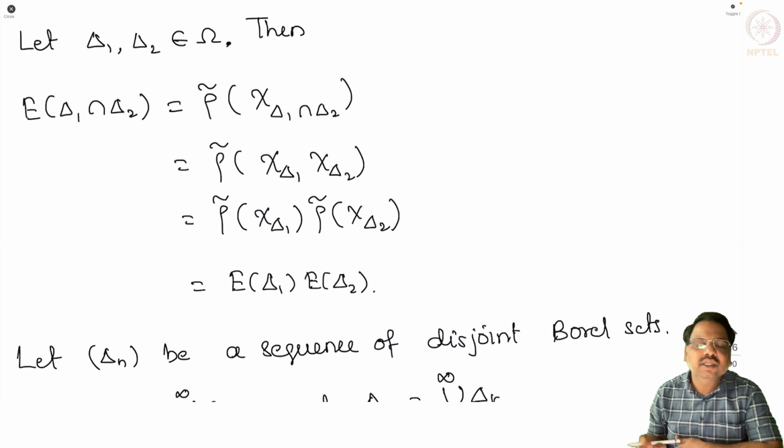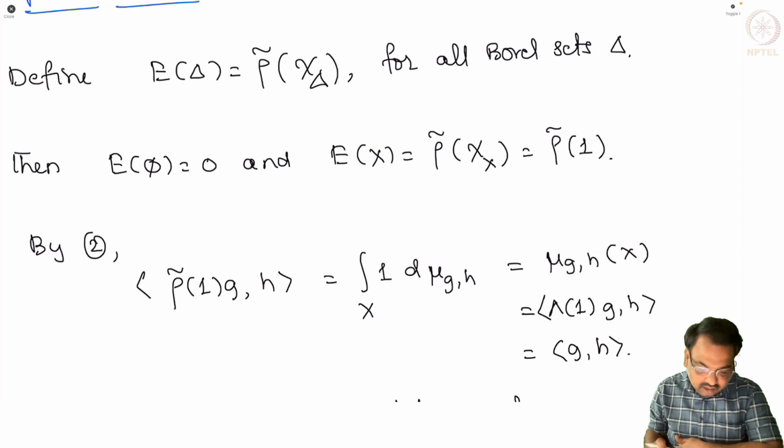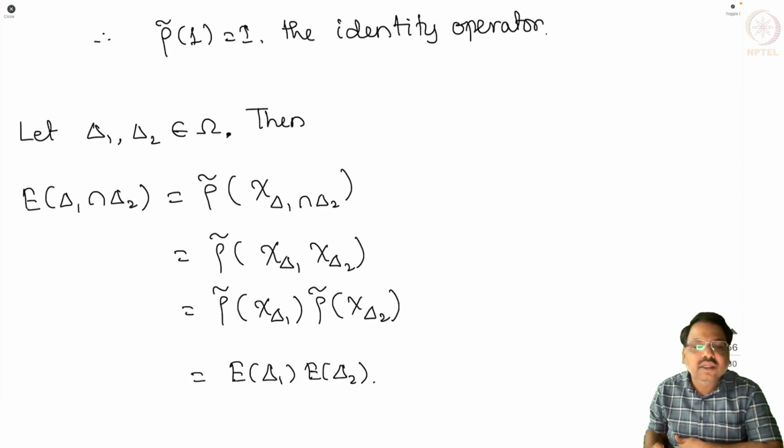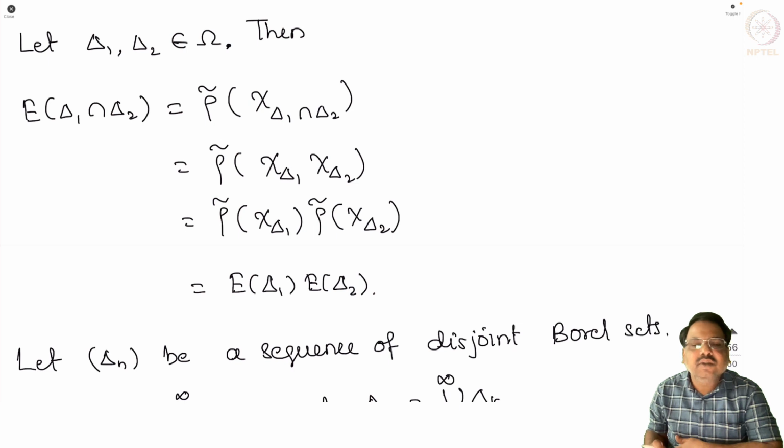We know that rho tilde is a multiplicative map, so that is rho tilde of chi delta 1 times rho tilde of chi delta 2. And by the definition of E of delta, we conclude that this is E delta 1 times E delta 2. So we have shown that E of delta 1 intersection delta 2 is E delta 1 times E delta 2.